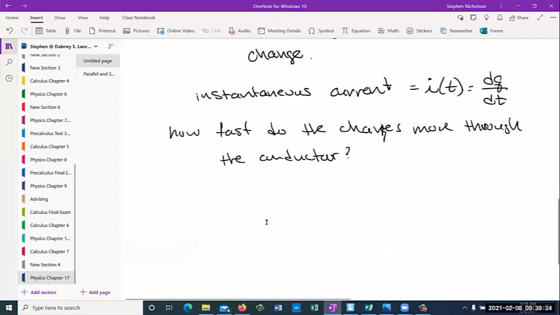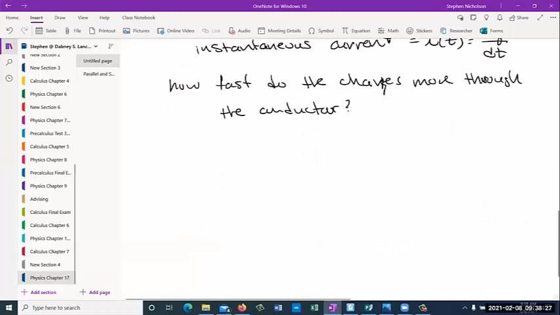Unless you studied this before, you might not have an idea, but let's have you guess anyway. Is it 1 meter per second? Is it 10 meters per second? Is it 10,000 meters per second? Is it 0.01 meters per second? How fast do you think the electrons on average are moving in a wire?